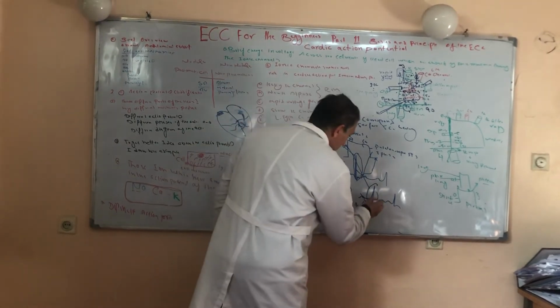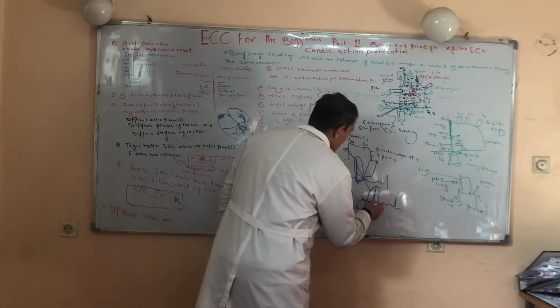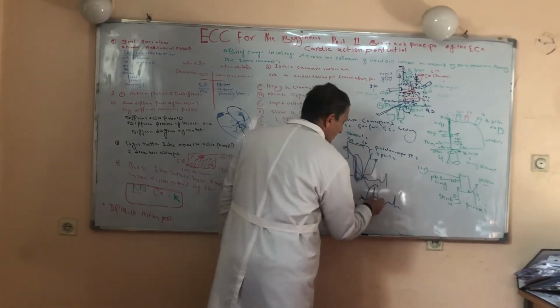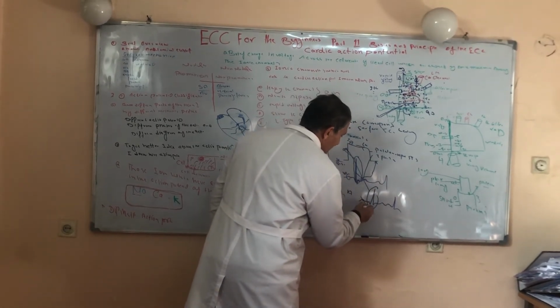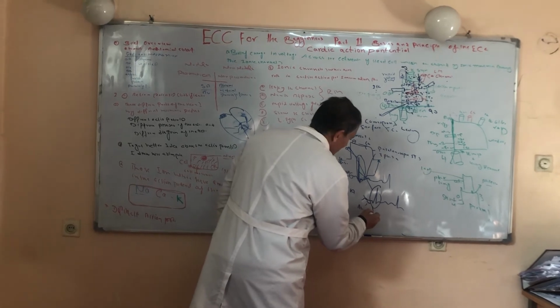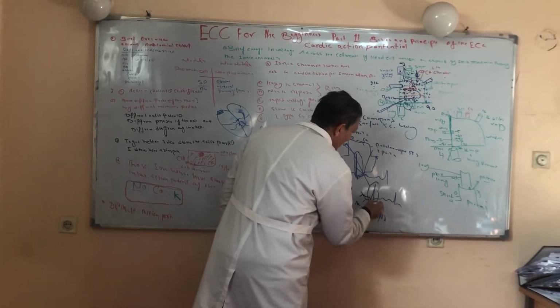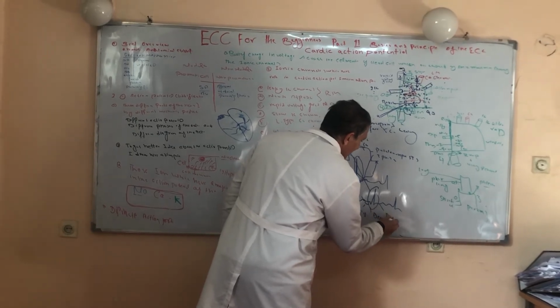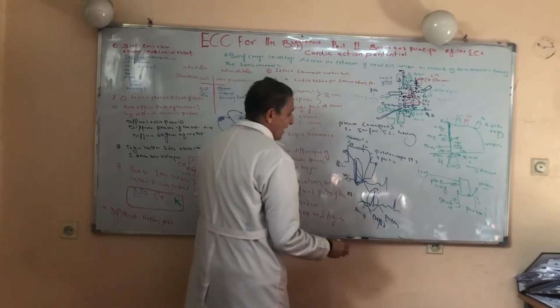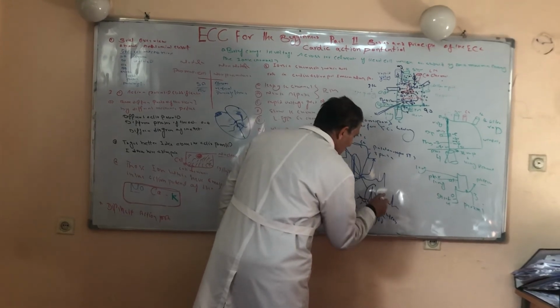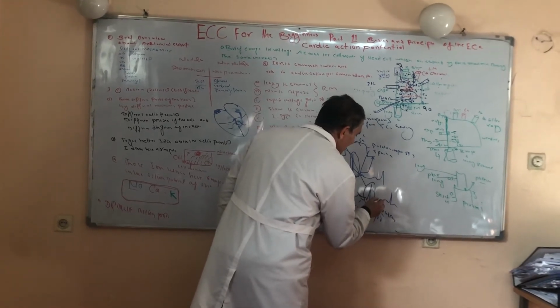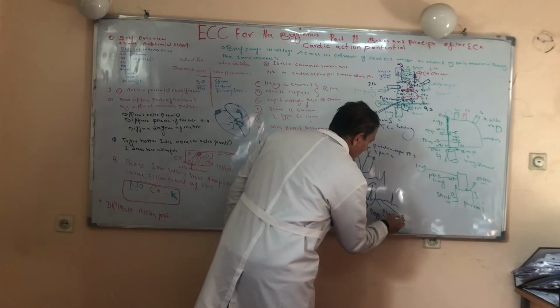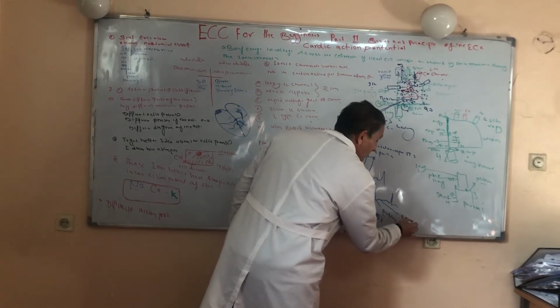This ST segment represents the plateau phase of the action potential. This is depolarization, and this is the plateau phase, and this line is represented for phase of the action potential.